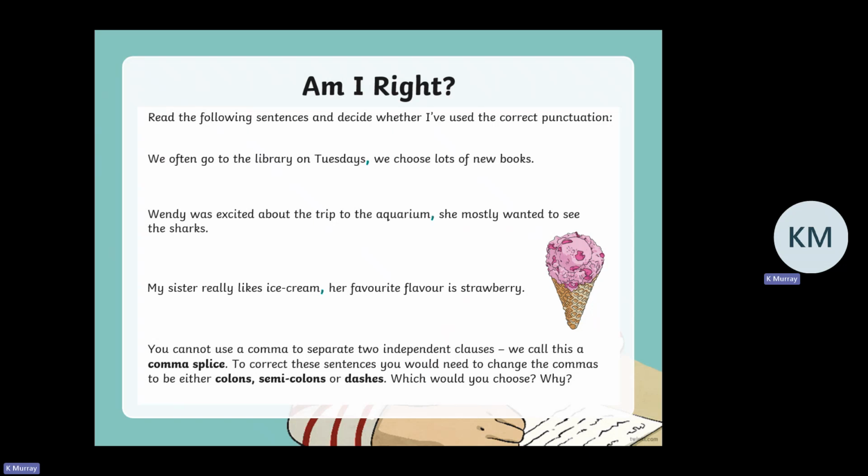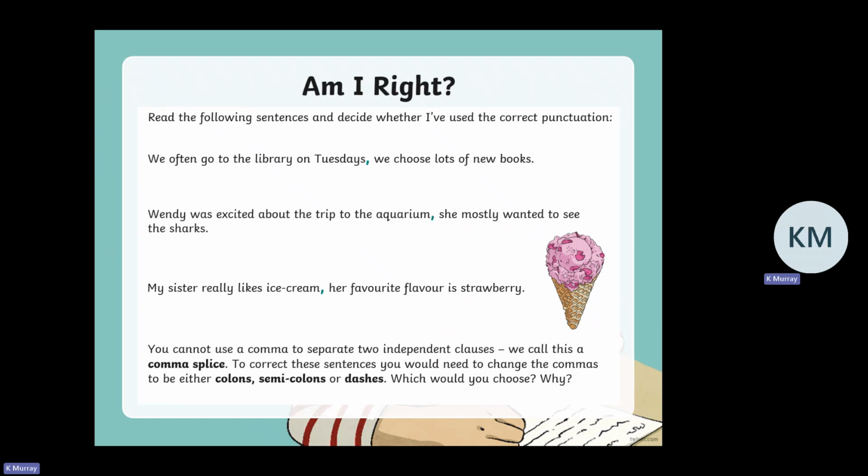All right. We cannot use a comma to separate two independent clauses, two sentences that make sense. That's why we'd need to use a colon or a semicolon or a dash. The choice is yours. But one of the most common errors that I see when marking is this use of the comma splice.